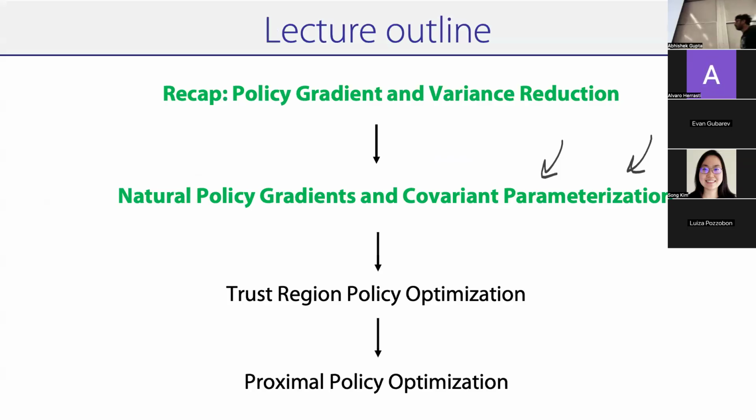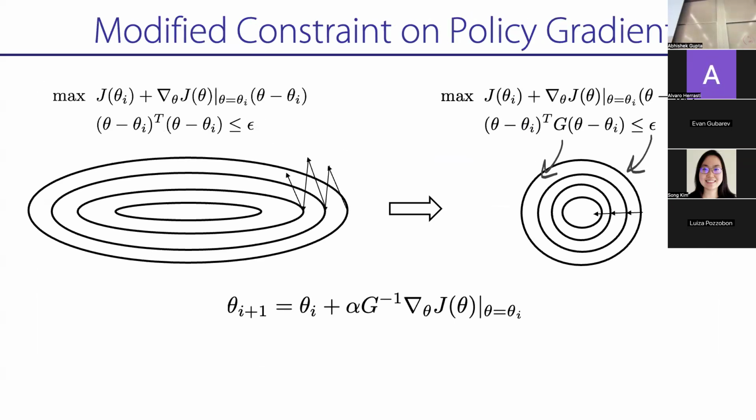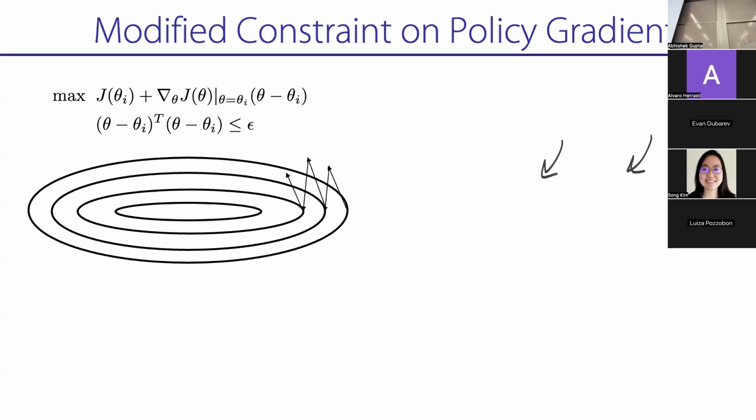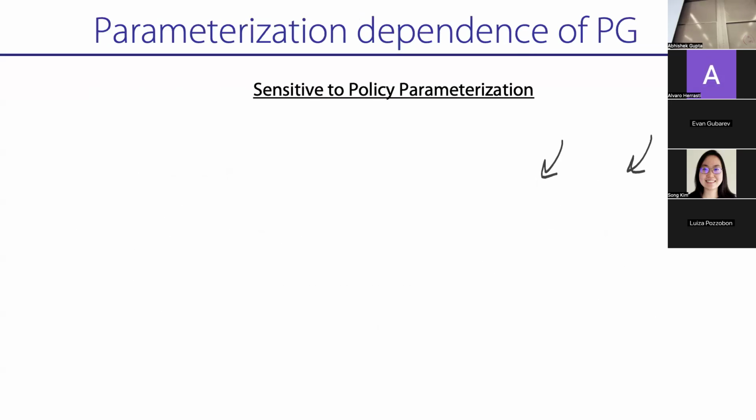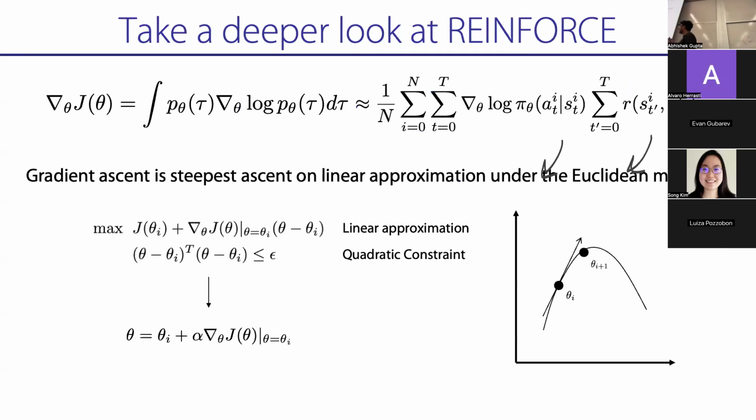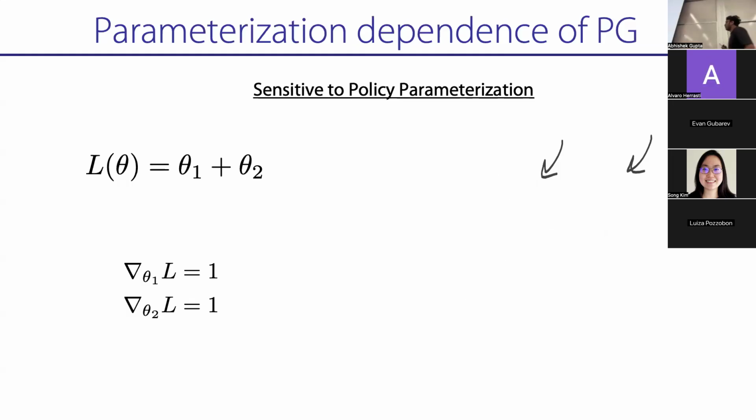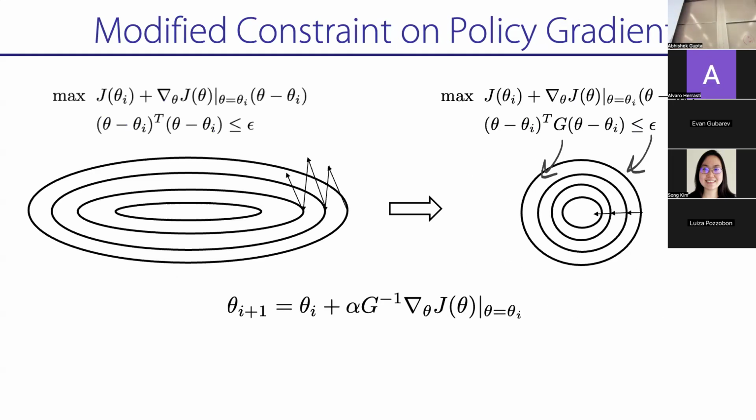Okay. So just to recap, the second concept we went over is we started with gradient descent, which is ascent of the linear approximation with the quadratic constraint under the Euclidean norm. We said it's going to be better if we do it under a different norm, let's say a G norm.